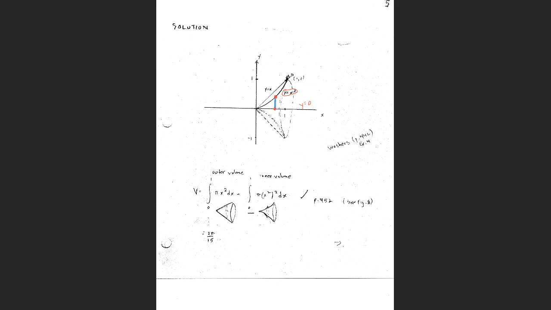Okay. Now we have the outer radius. That goes from the axis of rotation, which is the x-axis, up to the line y equals x. That's what it goes to.